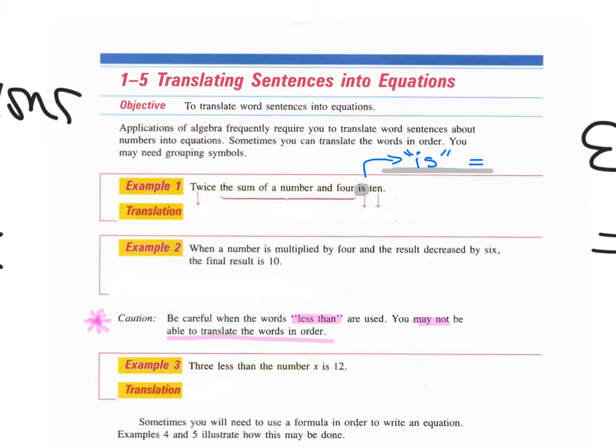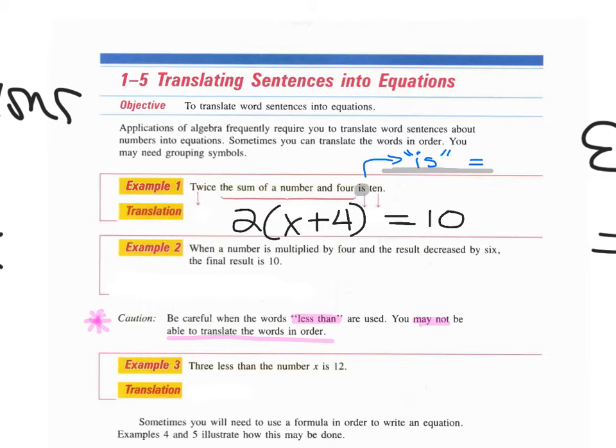So twice the sum, so I'm going to be multiplying by 2. And then the sum of a number and 4. And then the word is the equal sign, and then 10. Okay, we're not solving these.